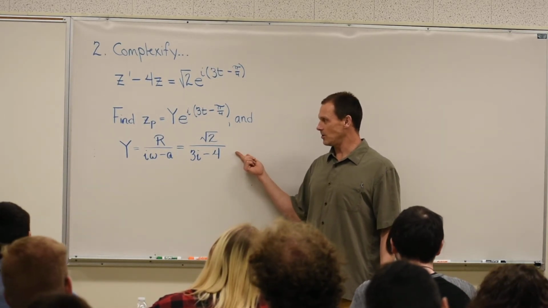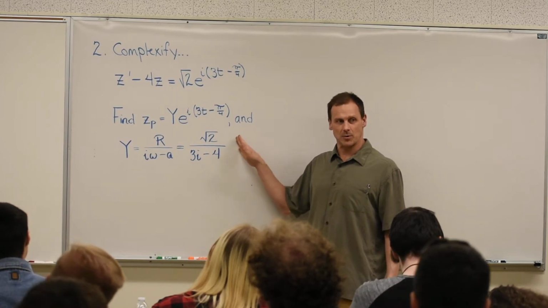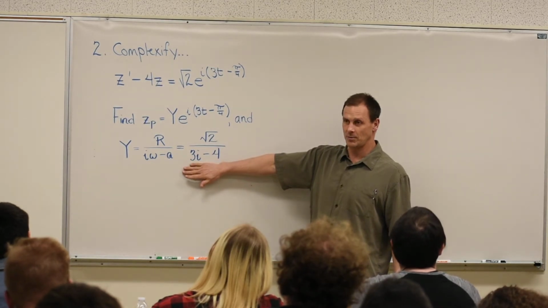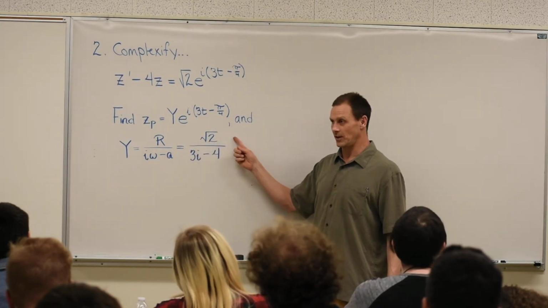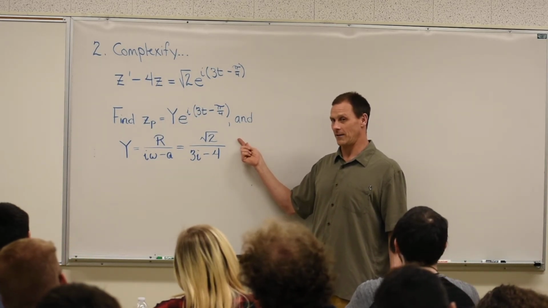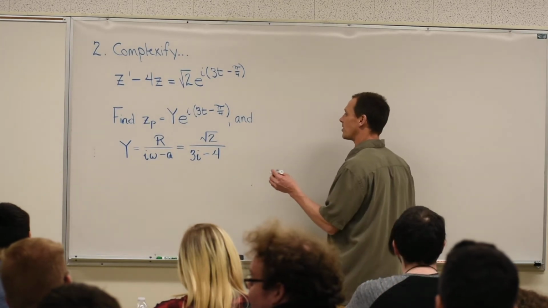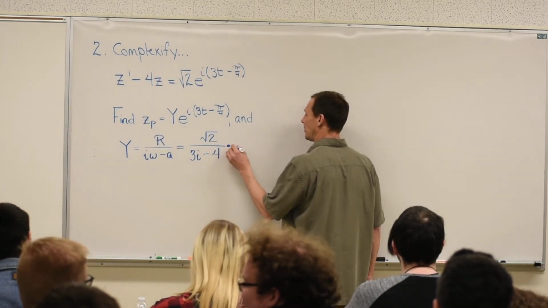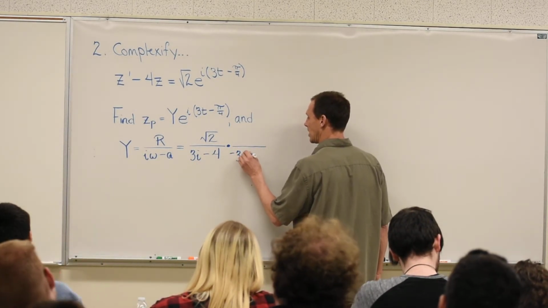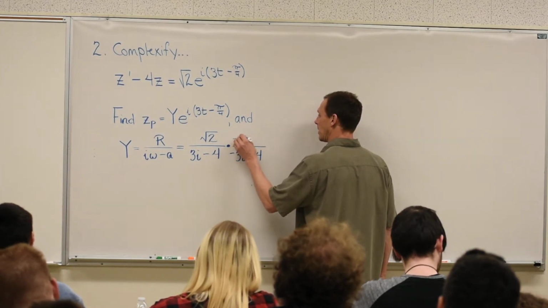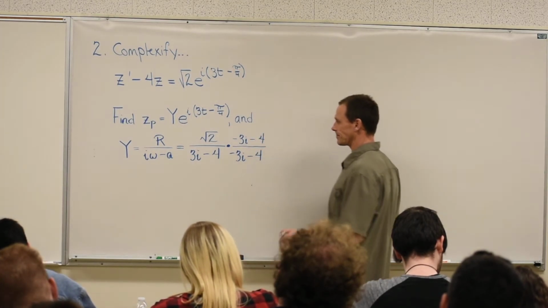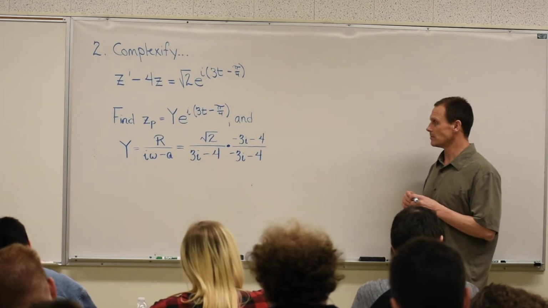So what you'd want to do is put this so that the denominator is all real numbers, and the complex number is only in the numerator. Do you remember what we did to do that? We multiplied by the complex conjugate. So let's multiply by minus 3i minus 4 over minus 3i minus 4.